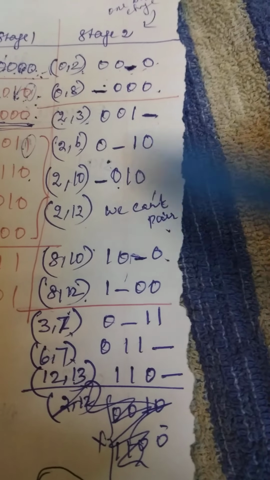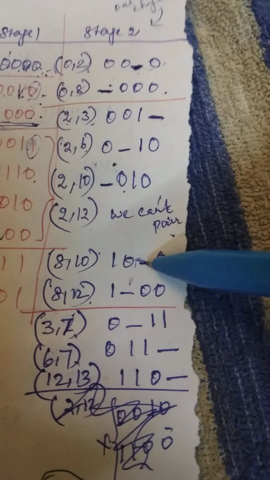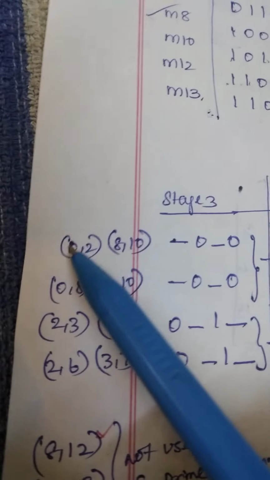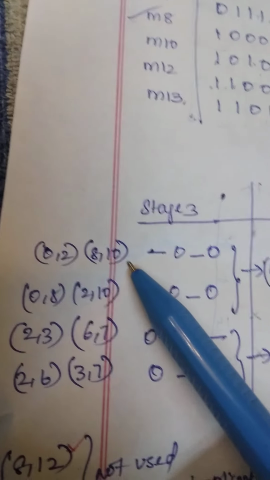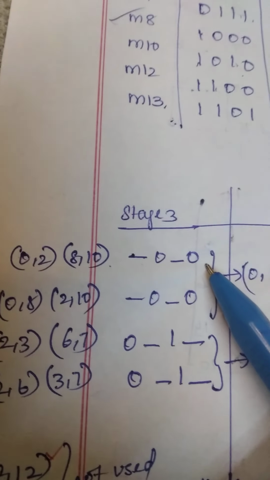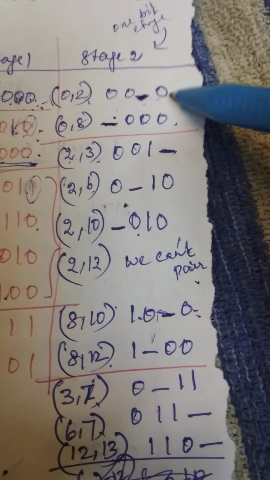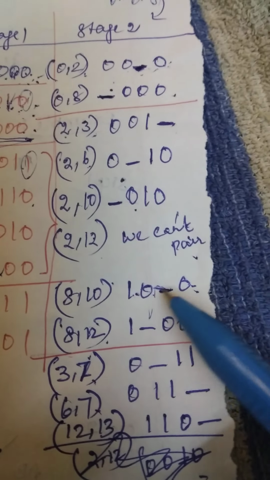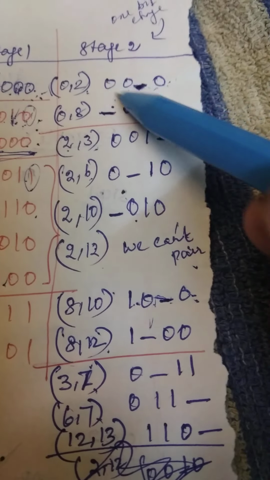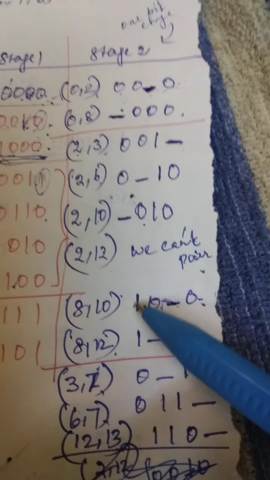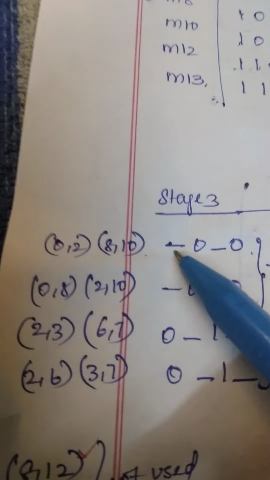So we can pair; only the first bit is changing, so you put again a dash. 0,2 and 8,10 gives -0-0. How is it coming? 0,2 is 00-0 and 8,10 is 10-0. These three are the same, only 0 here and 1 here. So one bit is being changed, so you put a dash. This is stage 3 pairing.